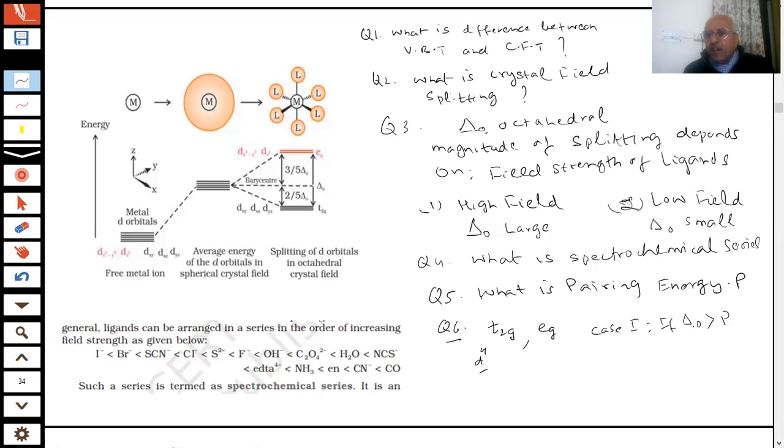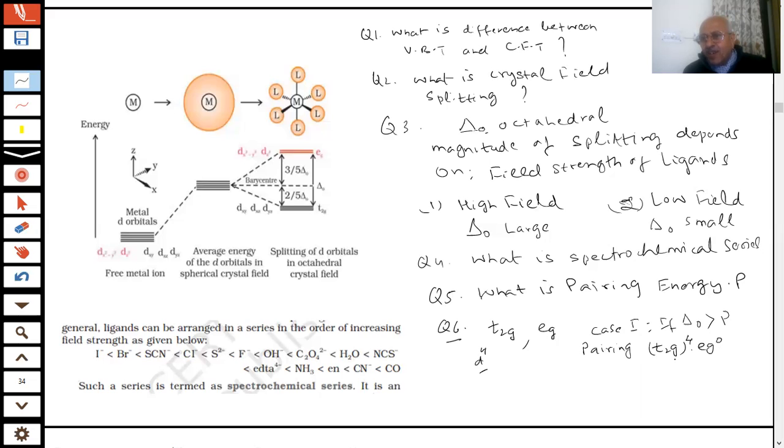If delta O is greater than P, then what will be the configuration? Pairing will take place and the configuration will become t2g4 eg0. Thank you very much. That's absolutely the right answer.